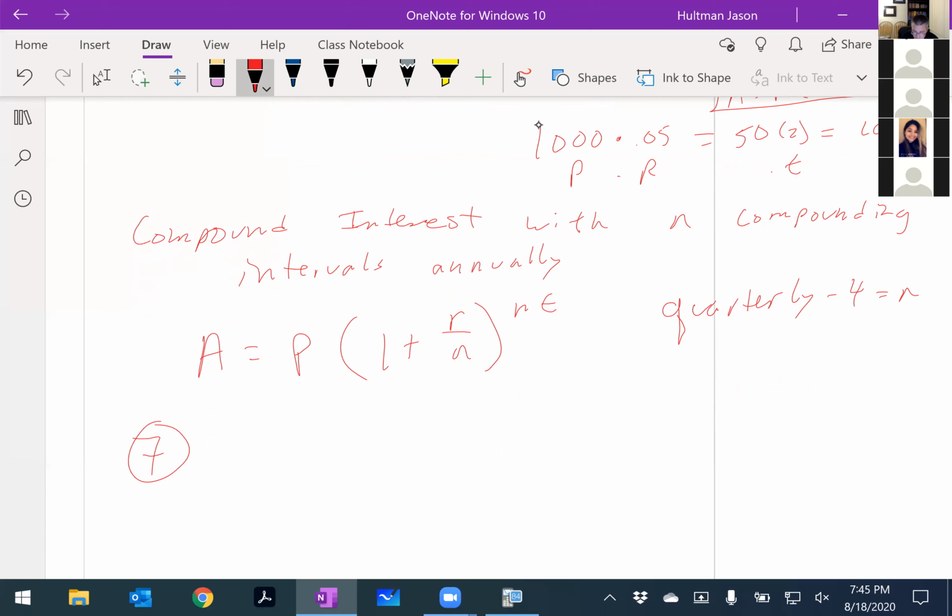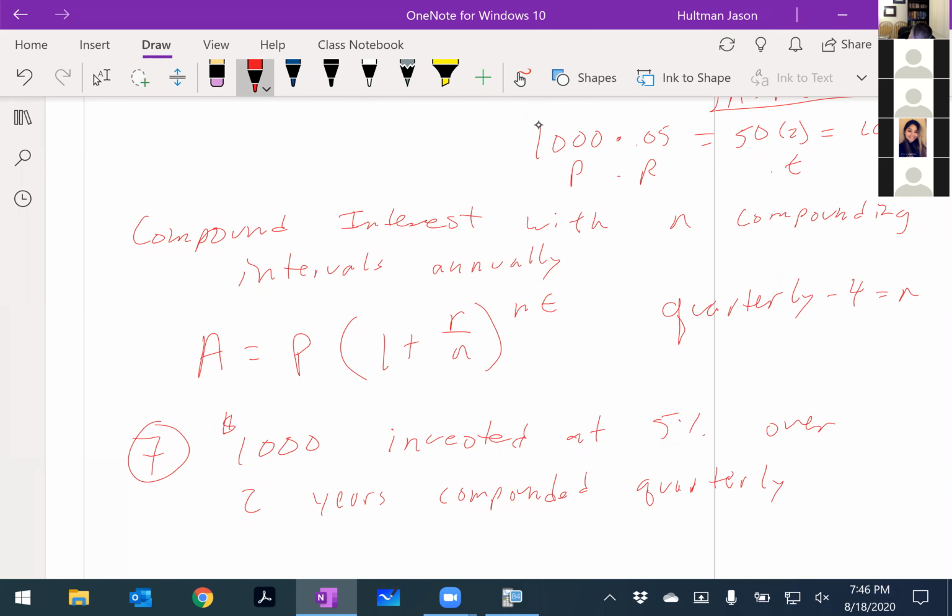We're going to compound quarterly. So $1,000 invested at 5% over 2 years, compounded not annually now, but quarterly.